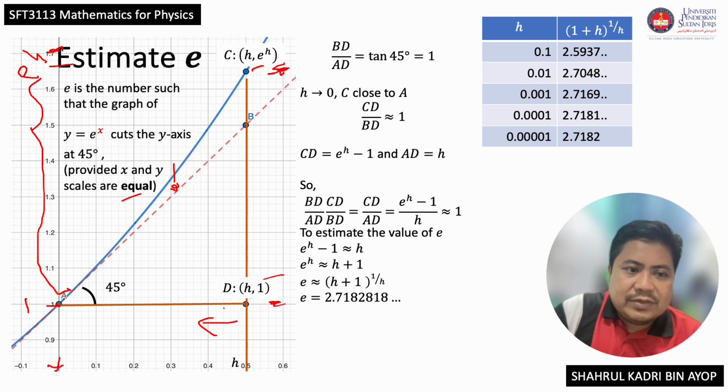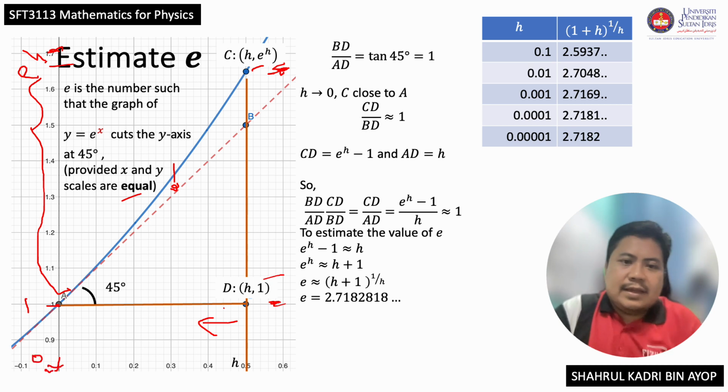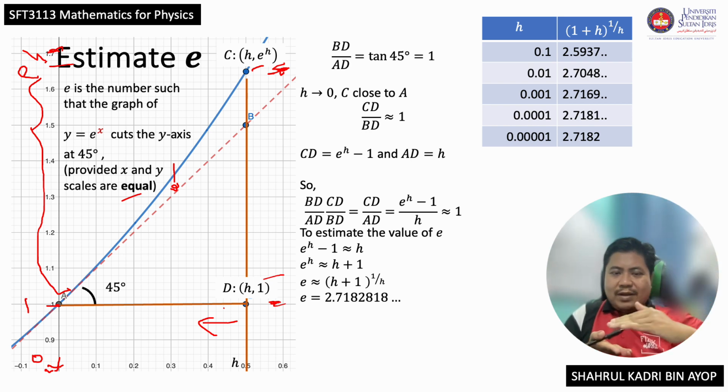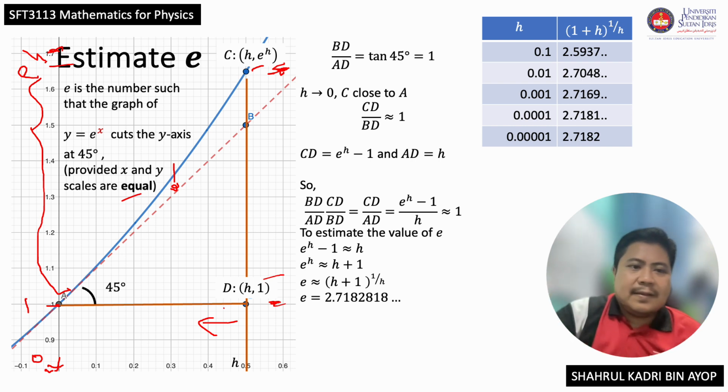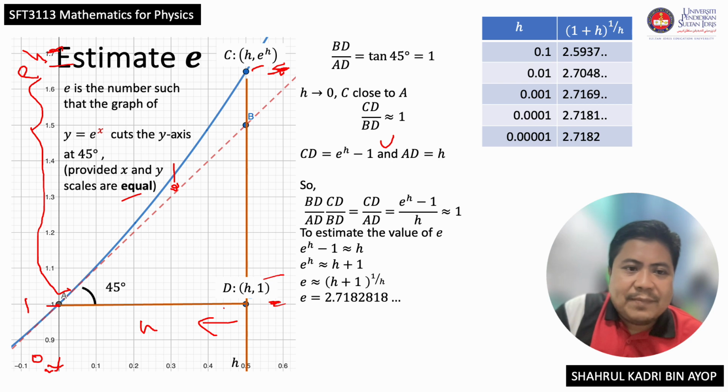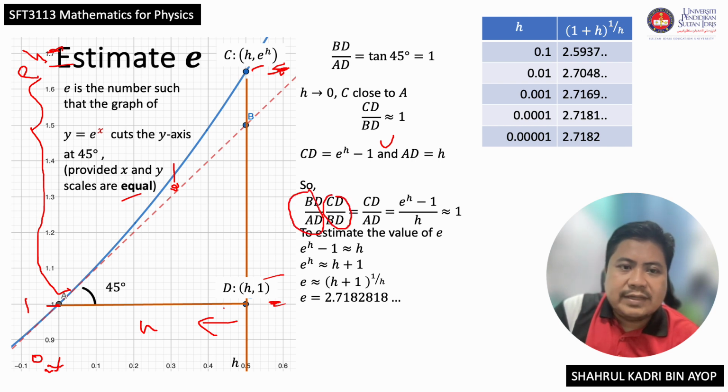And AD is equal to h. When we multiply these two terms, BD times CD, this is equal to 1. CD is from above here. That means we can cancel BD, so we get CD over AD.